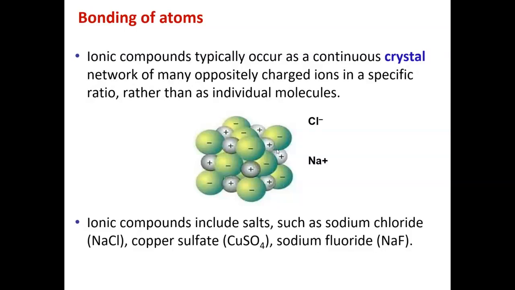They're arranged in this regular three-dimensional pattern that we call a crystal. And this is why if you look at a grain of salt with a magnifying glass, it looks like a little box, right? It's because that's a crystal. The chlorine and sodium ions are arranged in this three-dimensional crystal structure.